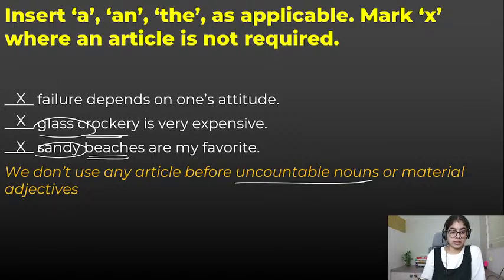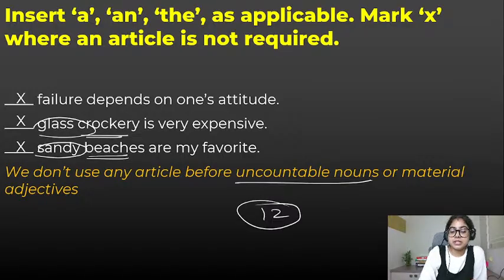So उनके आगे कोई जरूरत नहीं है आर्टिकल का. This is the 12th rule. If you have any doubts before or after or midway, you can just put it in the chat. Let's proceed.